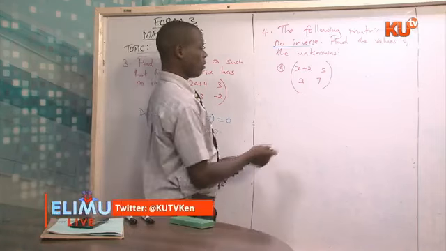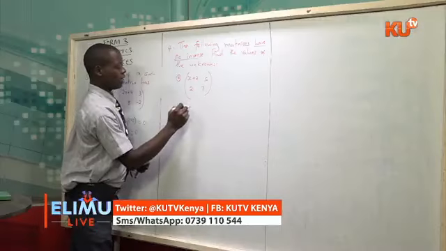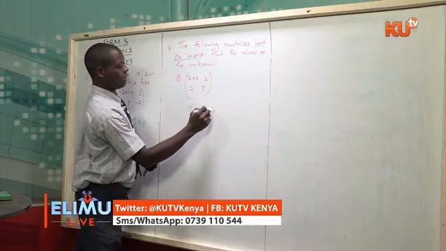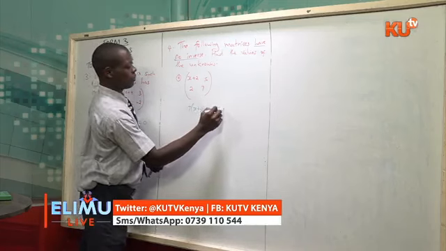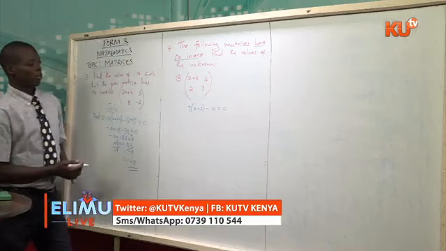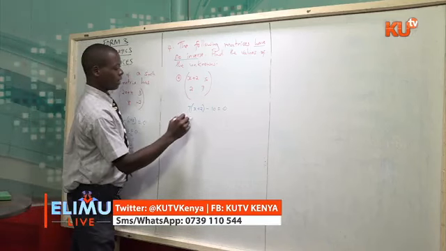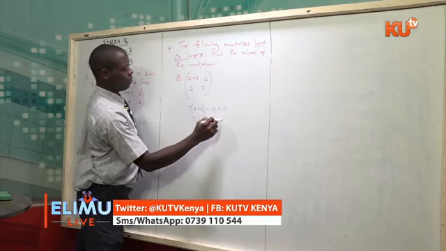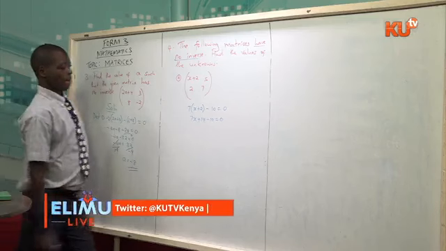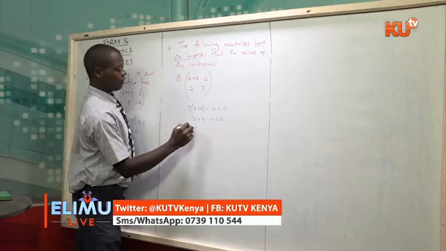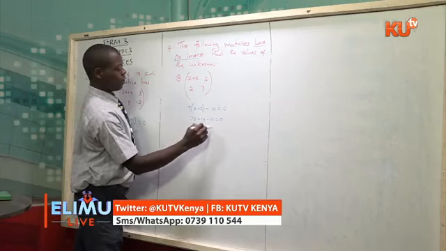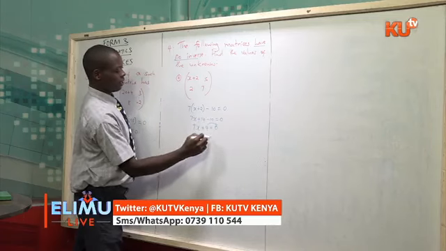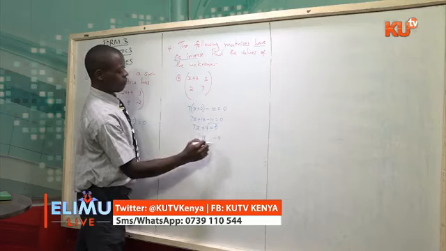So students, let's do the multiplication. 7 times x plus 2 minus 10 is equal to 0. So this gives us 7x plus 14 minus 10 is equal to 0. 14 minus 10 is 4. Take it to the right side. 7x is equal to minus 4.